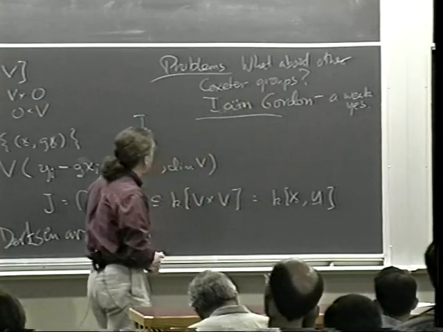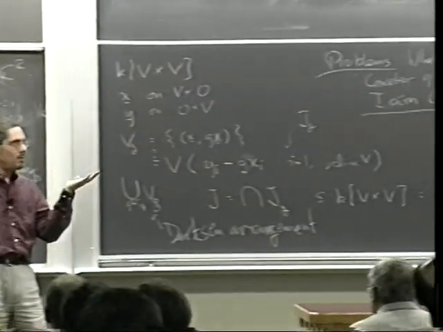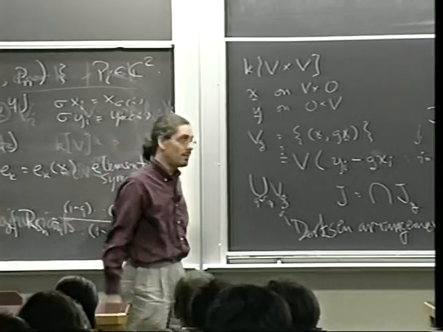And the other thing I want to mention is, remember last time we talked about the ideal of the coincidence locus being a free module in one set of the variables.